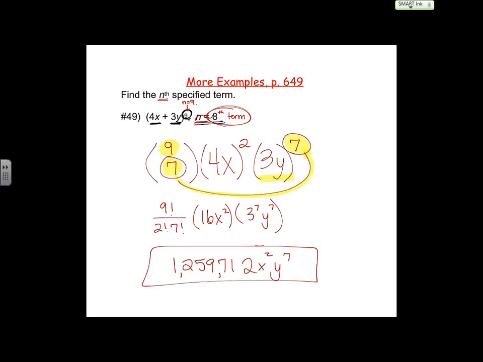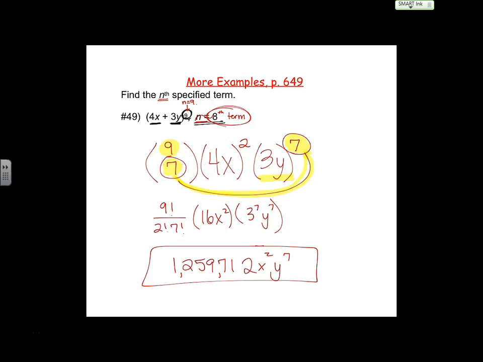Could be a Y term, could be a B term, could be a number. But R is the same thing as what B is being raised to. And then how do I figure out what A or the first term is being raised to? N minus R. The powers always add up to 9. Then you plug and chug and solve, and then we got our final term.